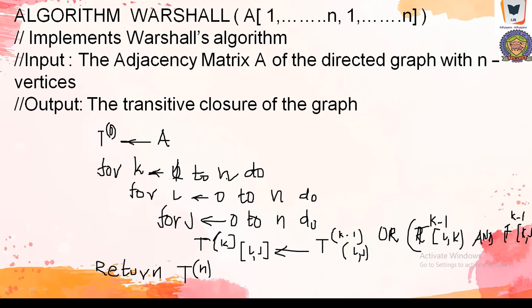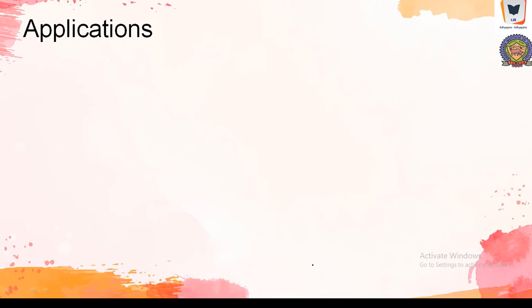Then, you should be guessing here, n repetitions are done repeatedly. So this belongs to a complexity of n cube. It can be easily proved. There is one logical operation over here. This one repeats n number of times, and this repeats n number of times, and the entire thing repeats n number of times. Therefore the complexity of Warshall's algorithm happens to be n cube.